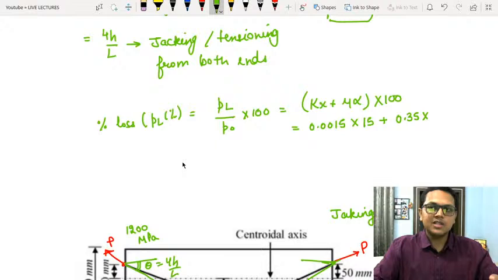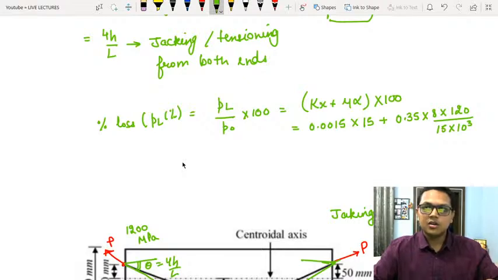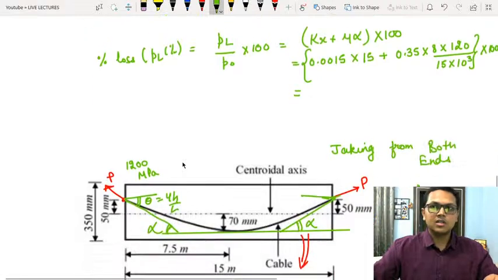Alpha that we just calculated is 8h by L, 8 into h which is 120 mm divided by L which is 15 meters converted into mm, 10 raised to power 3. The mm cancels out. This is per meter into meter, so this expression is unitless. So the units are uniform throughout the equation, multiplied by 100. So let us solve this.